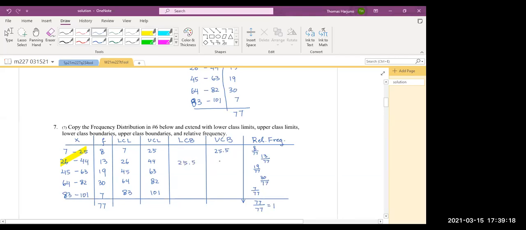And because our class width is 19, you will see you just keep on adding 19. So that 19 is actually an important number though. 82.5, this is 82.5. This is 101.5, and this will be 6.5 here. Okay, now that's for the first page.